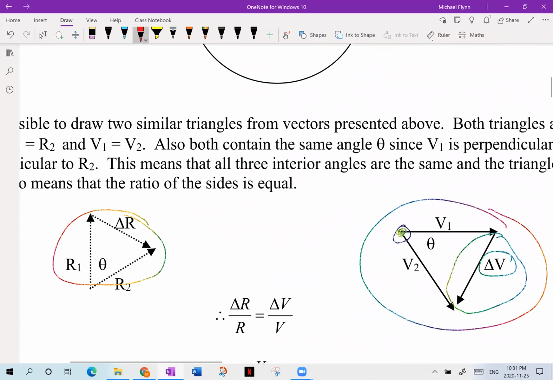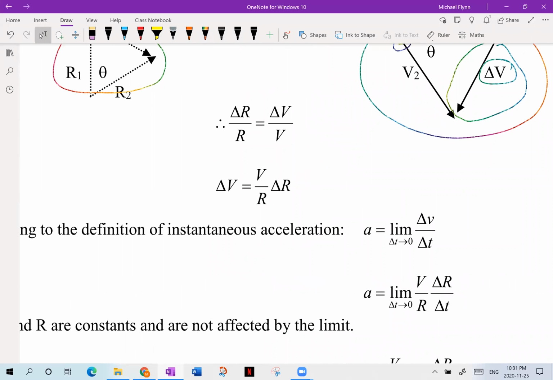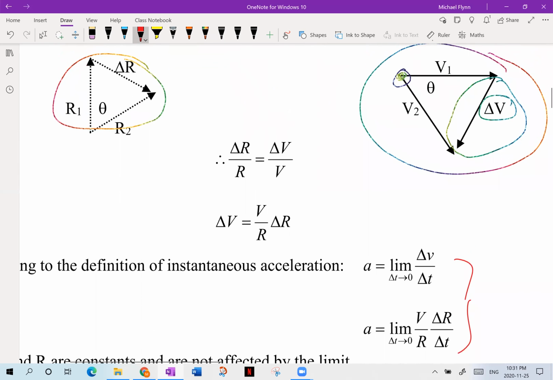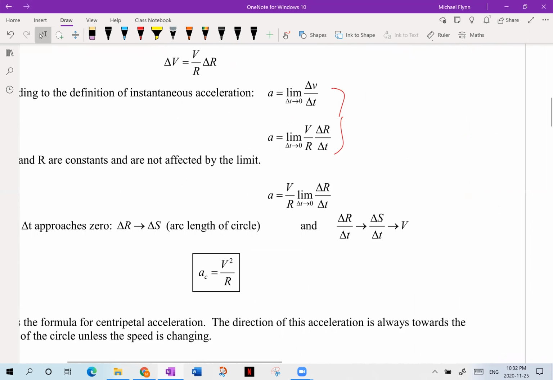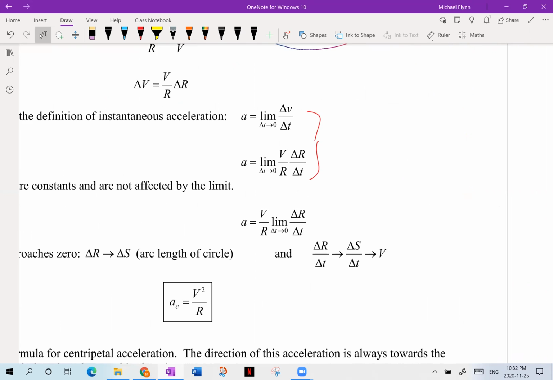And what happens is you get similar triangles, so the ratio of the sides is the same. This is calculus, which I don't want to get into because I can't teach you that, but if you had learned it already, it would make more sense. The point is right here at the bottom.